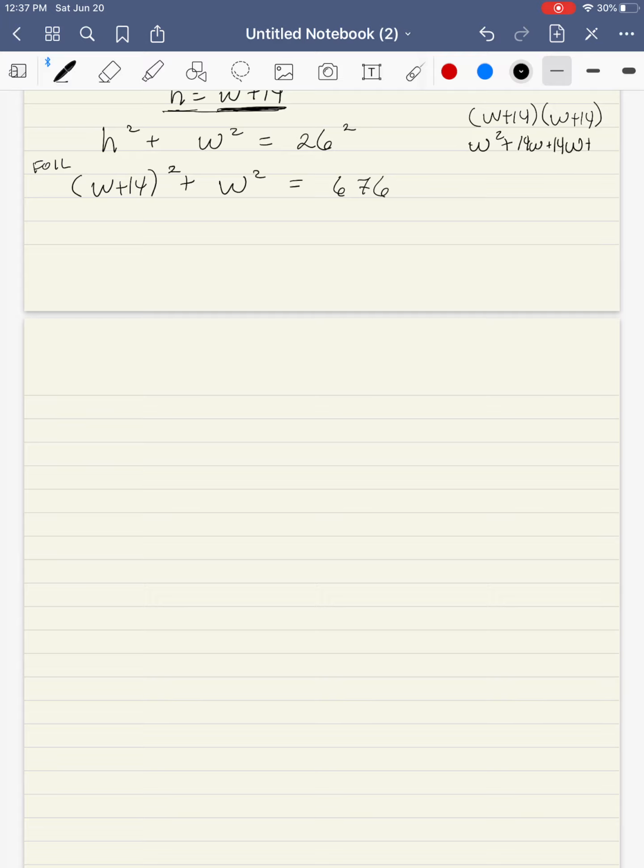All right, if I FOIL out over here, I get w squared plus 14w plus 14w plus 14 squared, which is 196. So I have w squared plus 28w plus 196. Now be careful here because this w squared has to come down too. Don't forget that w squared equals 676.